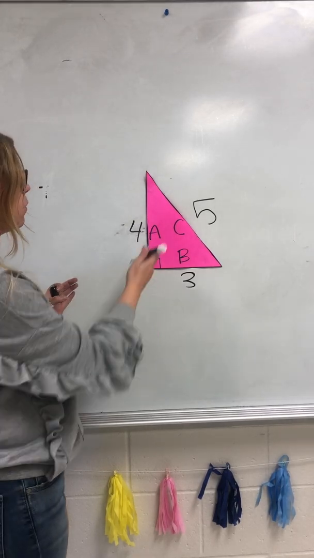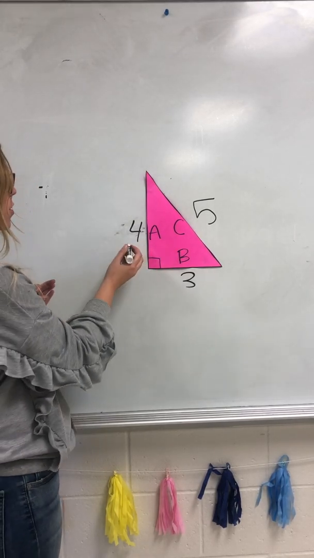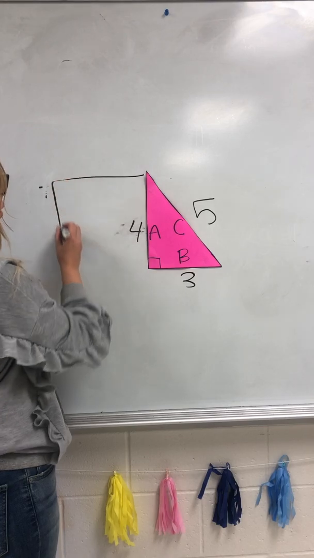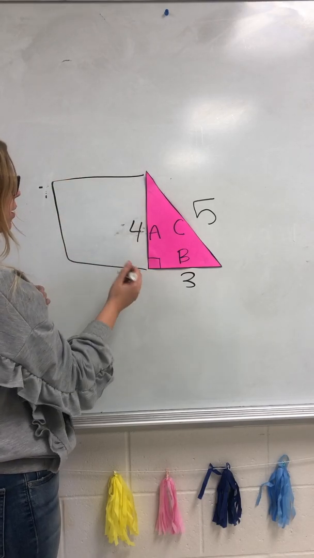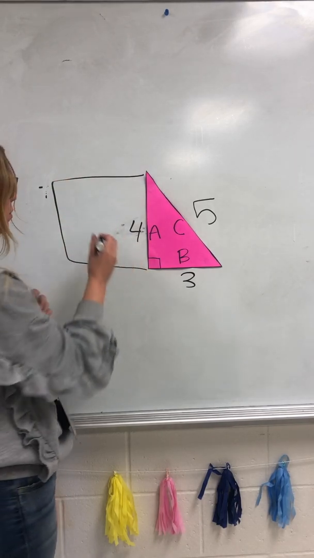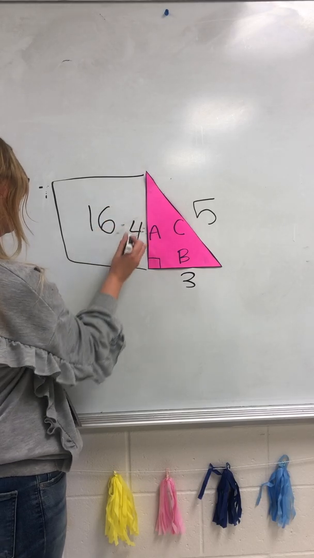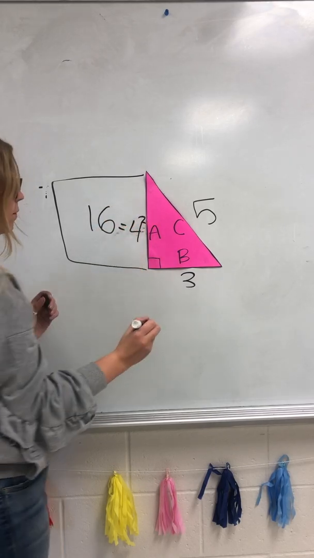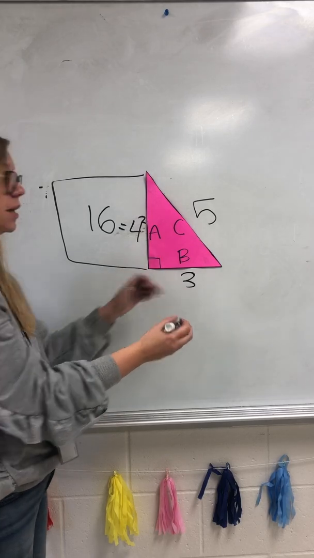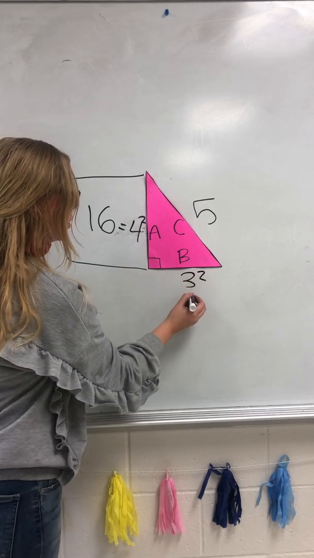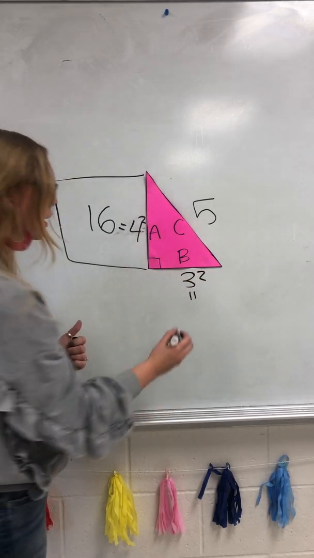All right, so if we were to square A, let's do A first. 4 squared, we would draw a square off. 4 squared is 16. All right, next let's do B. So 3 squared is equal to 9.